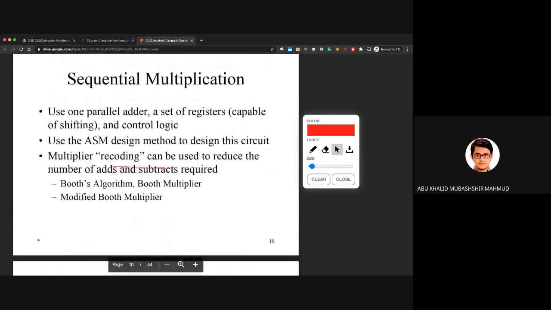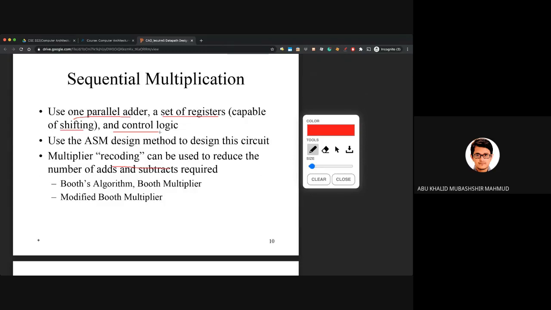Now, in your next class, I will focus on sequential multiplication, which uses one parallel adder and a set of registers capable of shifting, and control logic, and uses the ASM design, algorithmic state machine design, that you are familiar with, to design this circuit.